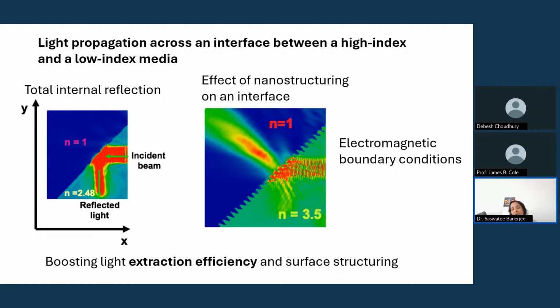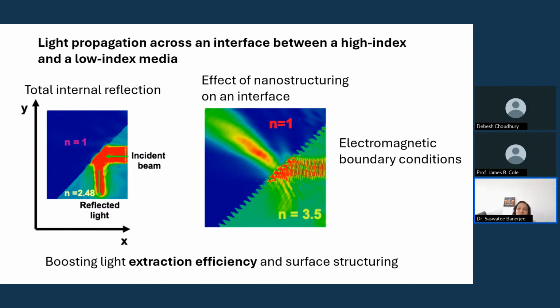You have a nanostructuring of the surface, and you can see that immediately this light is coming out. That's the effect of nanostructuring, and it is being used in many actual real devices.